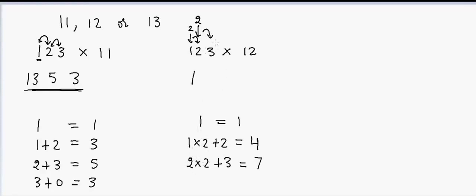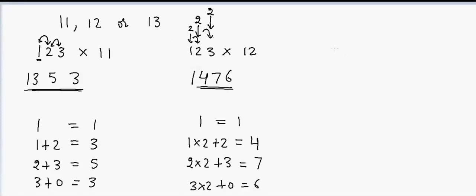And then for the last digit I'll multiply the last digit by 2. So 3 into 2 plus 0 will be equal to 6. So the answer will be equal to 1476. Basically I am multiplying each digit by 2 and then adding the next digit into it.